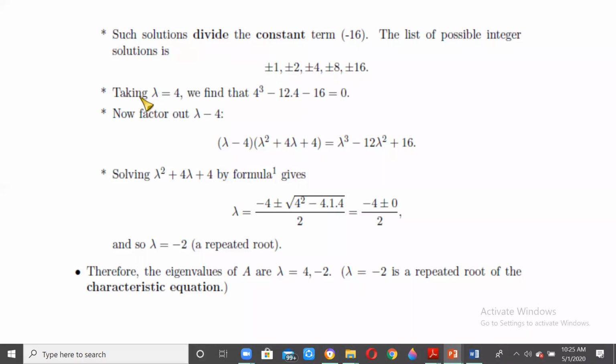If you take lambda equal to 4, then 4 cube minus 12 into 4 minus 16 will be equal to 0. So the condition is satisfied. That means lambda equal to 4 is an eigenvalue, because it satisfies this condition. Therefore, one of the factors is lambda minus 4.